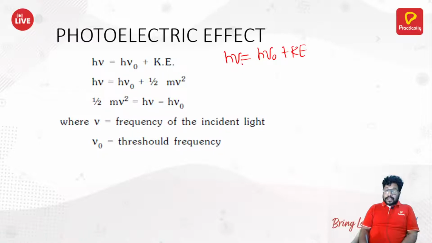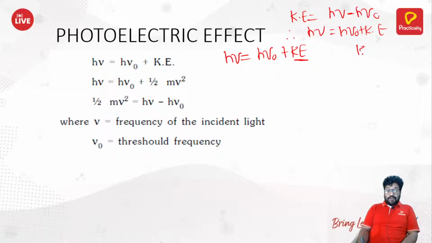But if h nu is greater than h nu 0, then the excess part will be imparted in the form of kinetic energy, which is h nu minus h nu 0. So you can mathematically write h nu is equal to h nu 0 plus kinetic energy, isn't it?